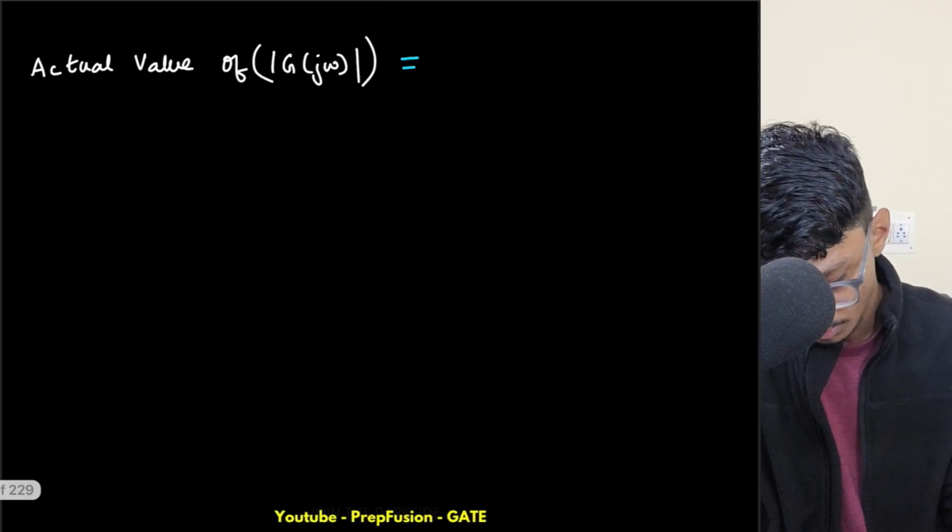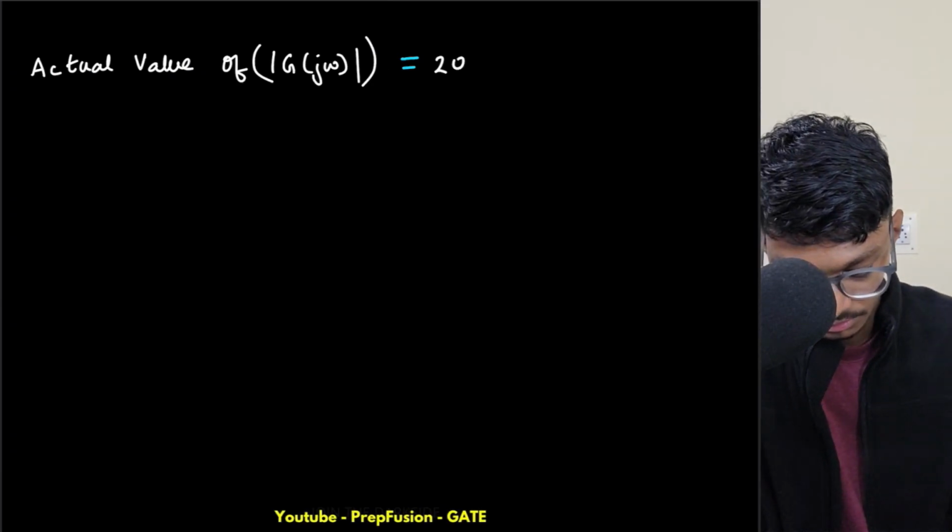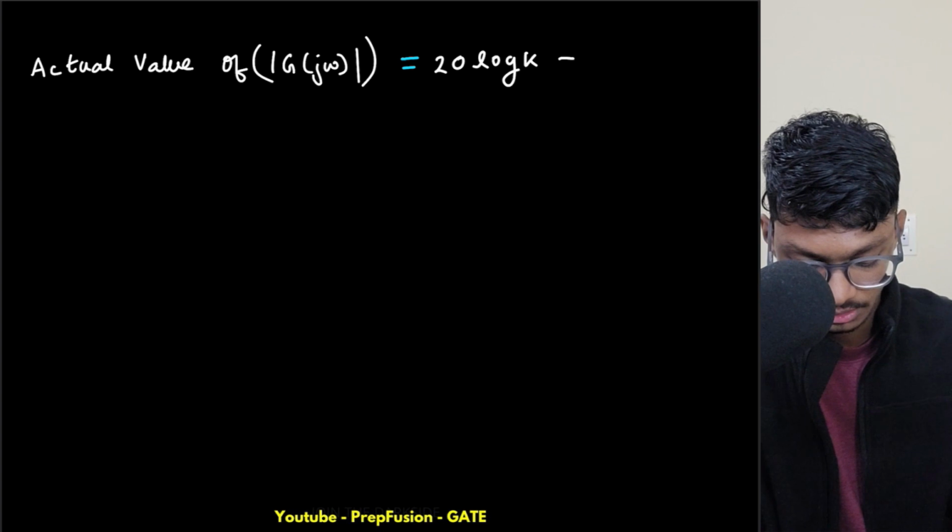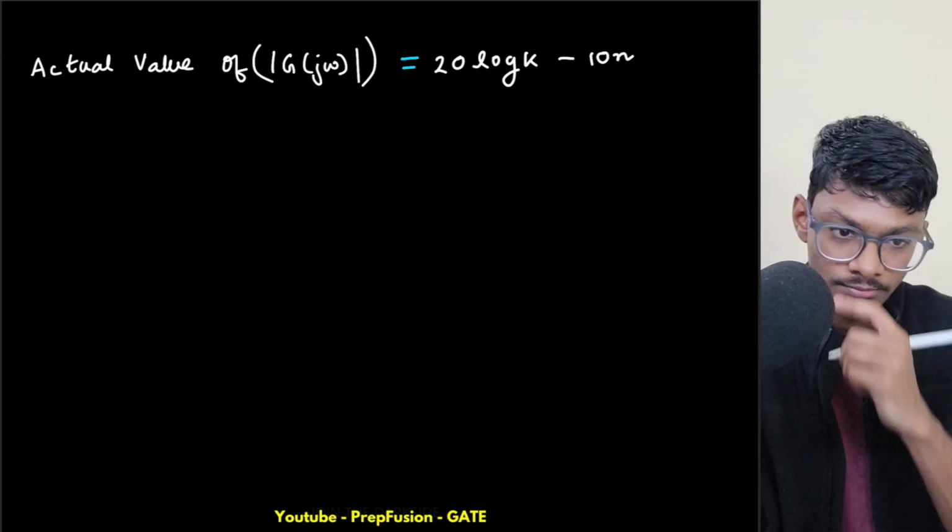So here, what do I get? This is 20 log k minus 10 n. Okay, I hope you understand.